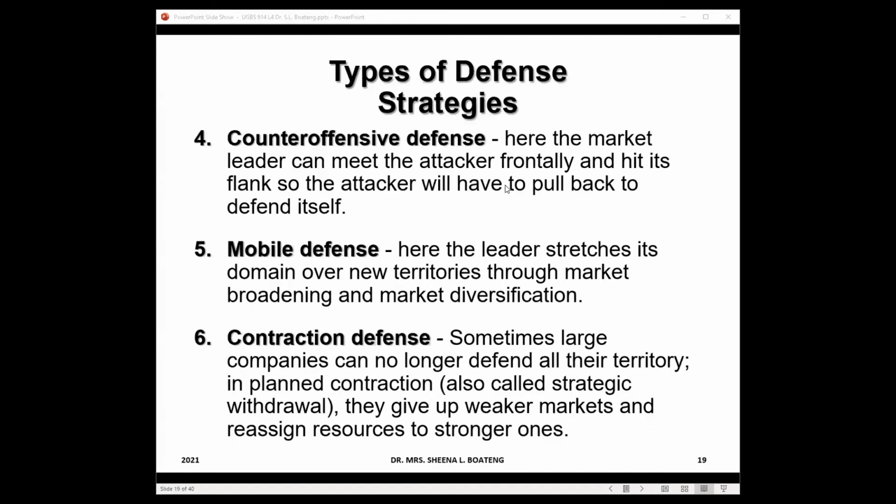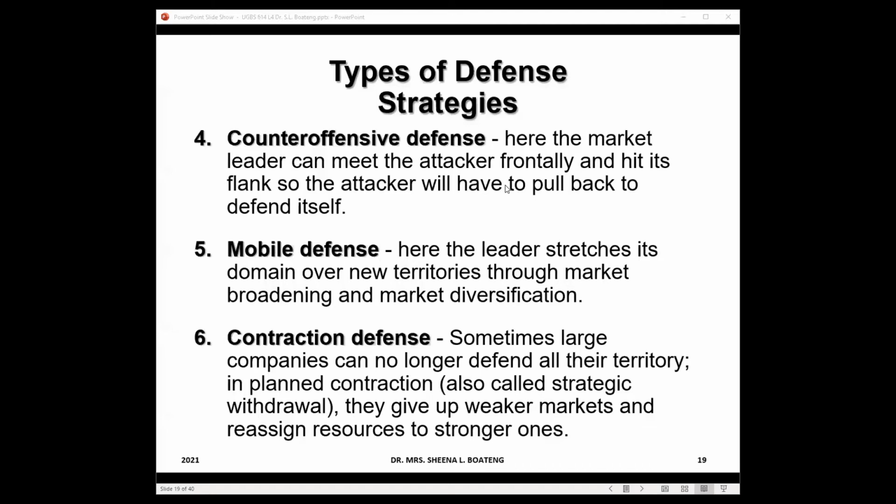It belongs to KKR and Co. Are you aware? Good. Right? So that's a typical example of a contraction defense. They realized that it was not worth their while. So they decided to withdraw completely and sell that particular interest to another company.